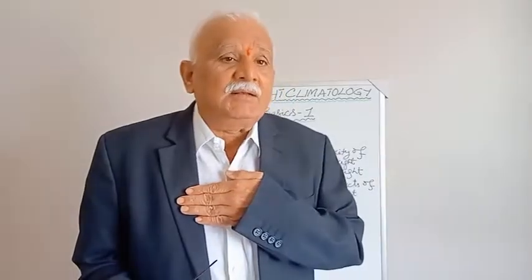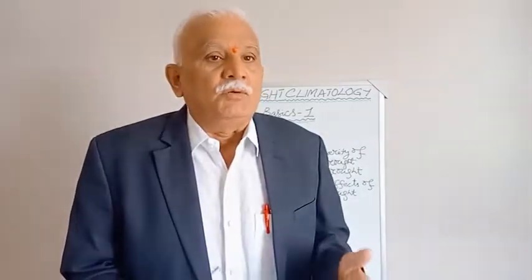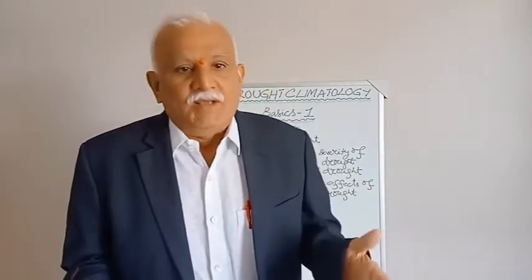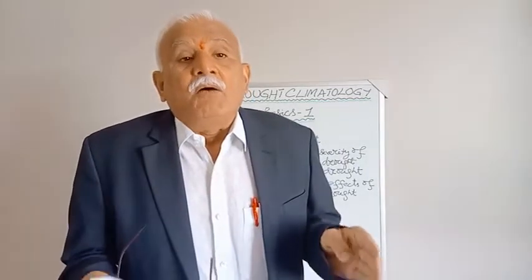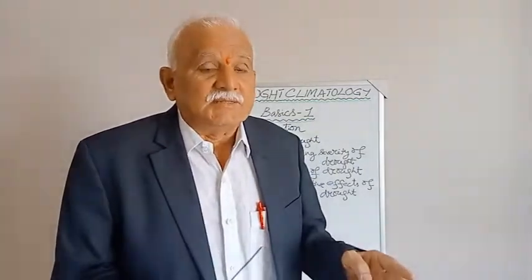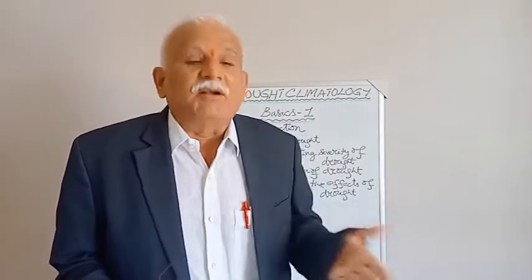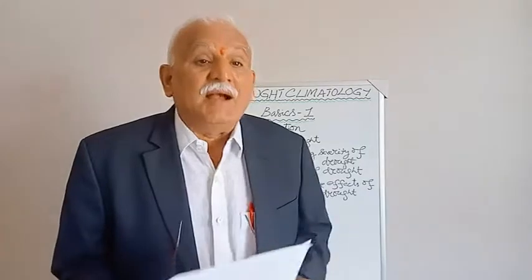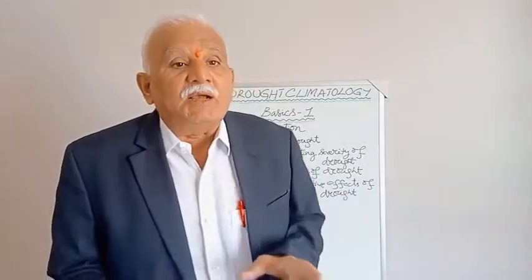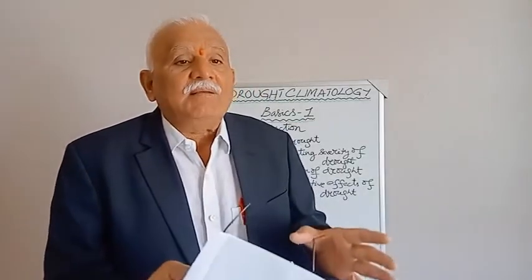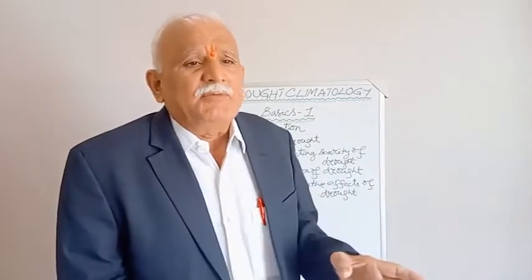Now, drought is a recurring phenomenon. It is not going to end with one episode. If you see the history of India or the history of the globe, droughts are a recurring phenomenon. One of the possible reasons for the recent occurrence of severe droughts is climate change and the occupation by human beings and animals of areas where drought is a permanent phenomenon.